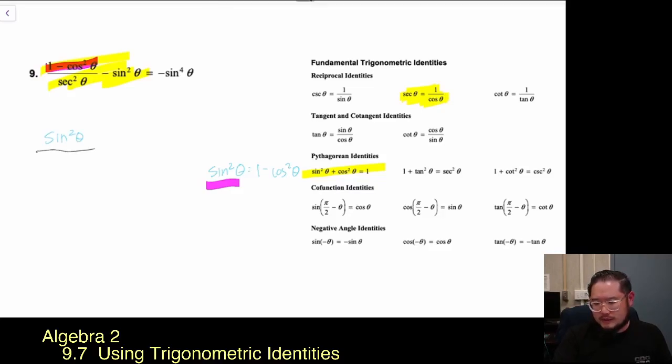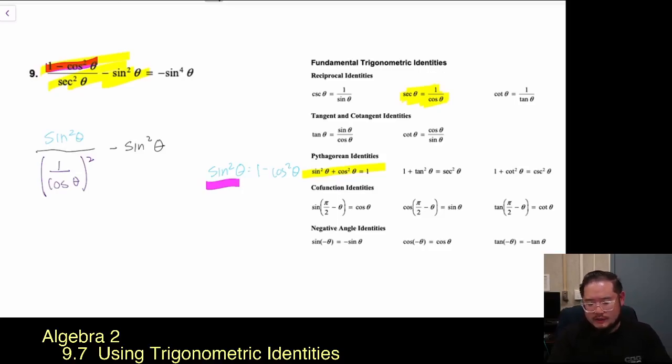I will substitute and change that into 1 over cosine theta. However, in order for it to be the same, I need to take this 1 over cosine theta and square it. And then we have right here minus sine squared theta.